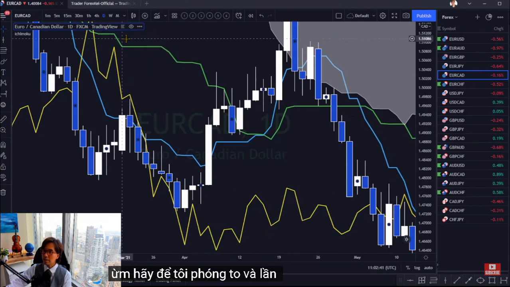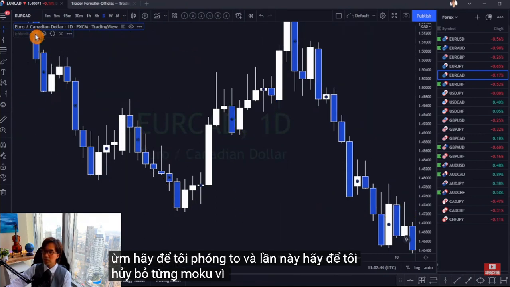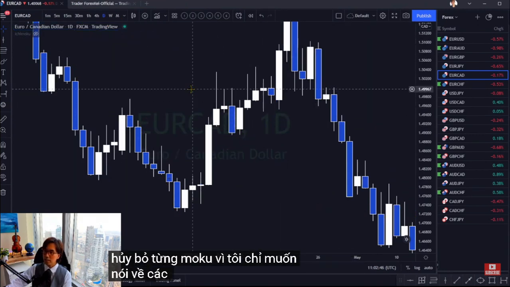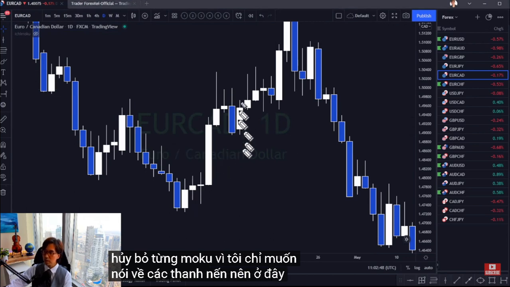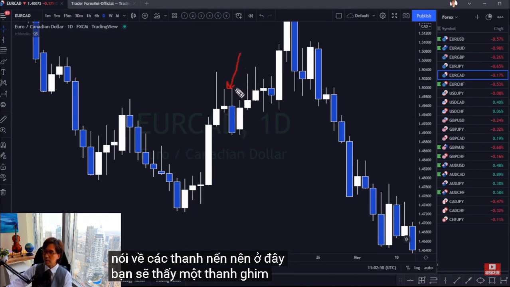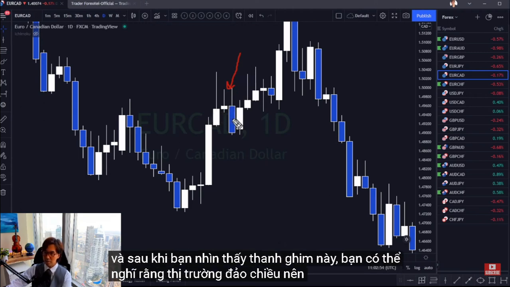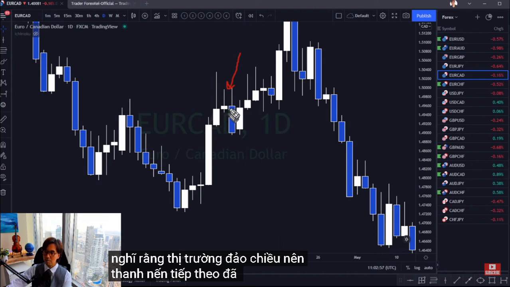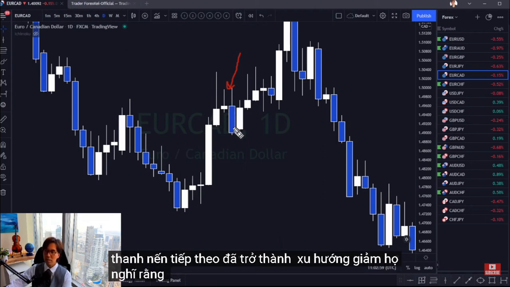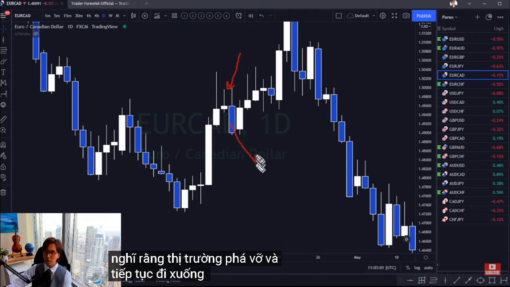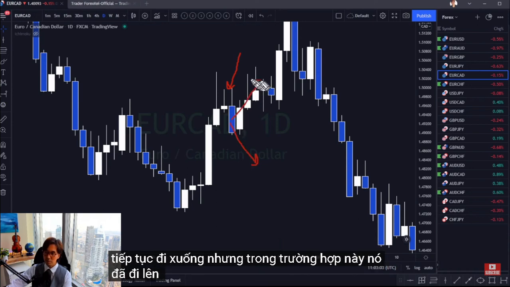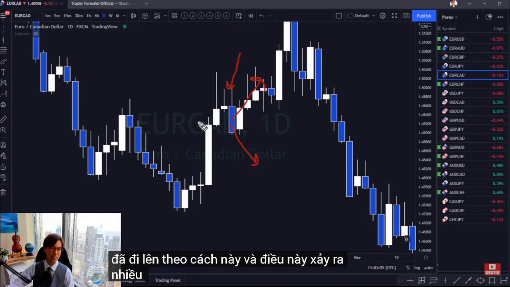Let me enlarge, and this time let me cancel Ichimoku because I would like to talk about only the candlesticks. Here you see a pin bar, and after you see this pin bar, you might think the market reverses. The next candlestick became bearish. You think that the market breaks and continues to go down, but in this case it went upwards this way, and this happens many times.